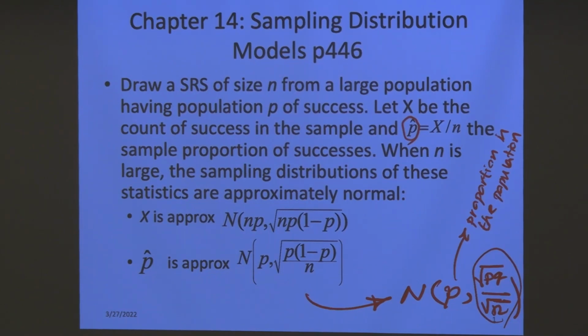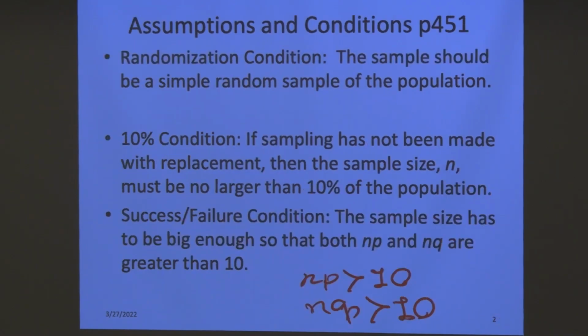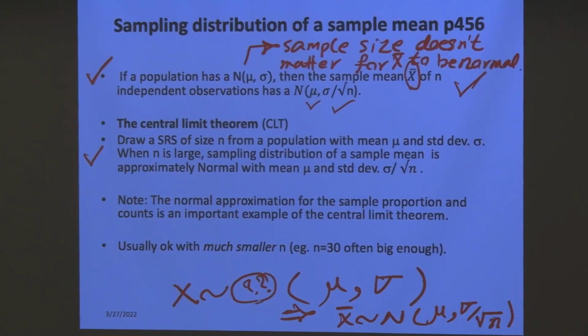So we can have a sampling distribution of a sample statistic, okay? This sample statistic can be the sample mean or the sample proportion or anything else. But the central limit theorem, as we discussed, is about the sample mean.